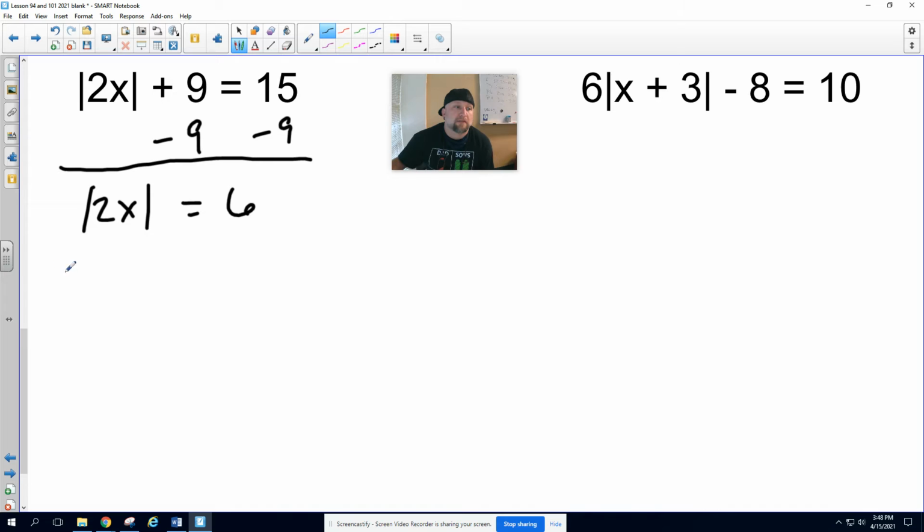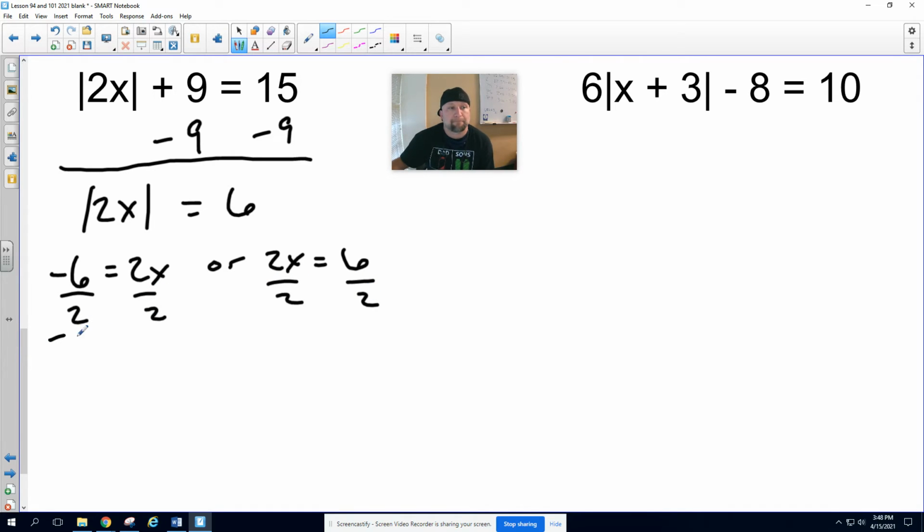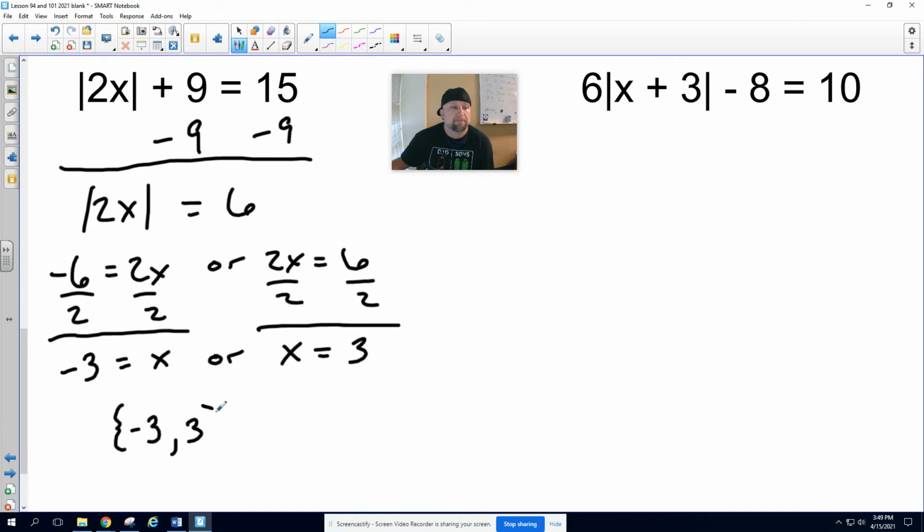We write it twice, so we have negative 6 equals 2x, or 2x equals positive 6. And now we just solve that twice. So we divide both sides by 2 on both parts, and we get negative 3 equals x, or x equals positive 3. And so the solution set here is negative 3, 3.